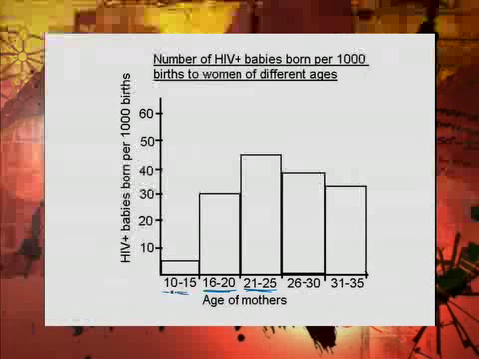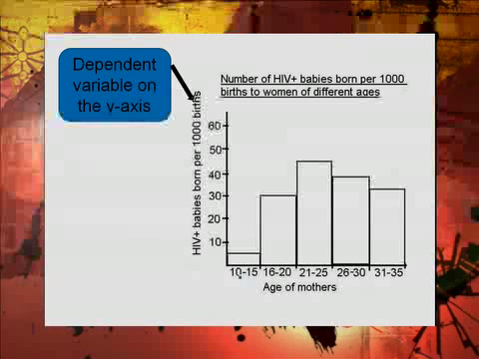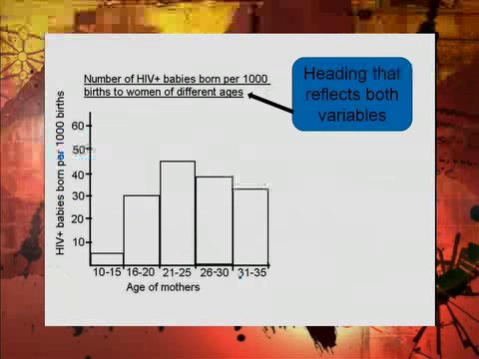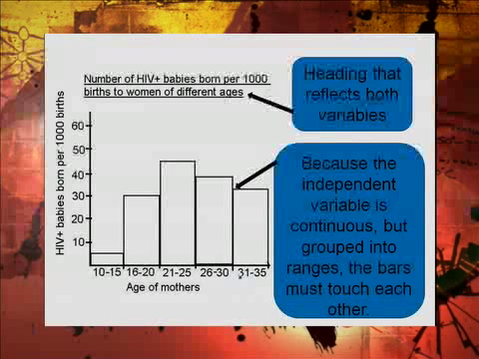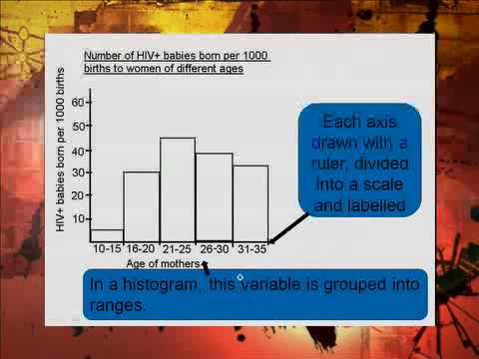We've said 10 to 15-year-old mothers, 16 to 20-year-old mothers, and so on. You should be able to recognize all this information very quickly. Dependent variable on the y-axis, independent on the x, labeled axes, heading, and because the independent variable is continuous but grouped into ranges, the bars must touch each other. And in the histogram, the variable is shown in ranges.